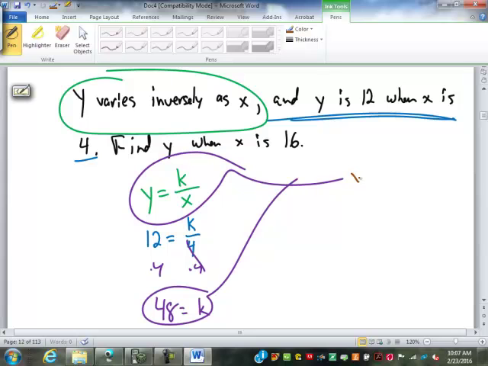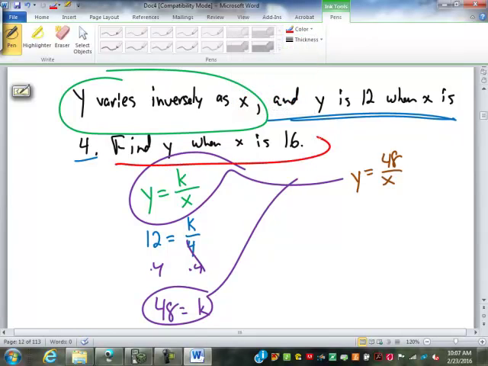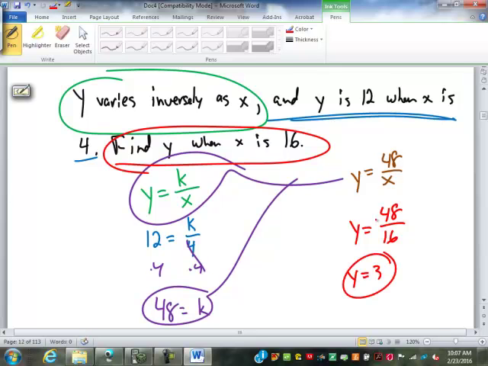So that tells us this is y equals 48 over x. Then what? We'll find y when x is 16. So y equals 48 divided by 16, y equals 3.